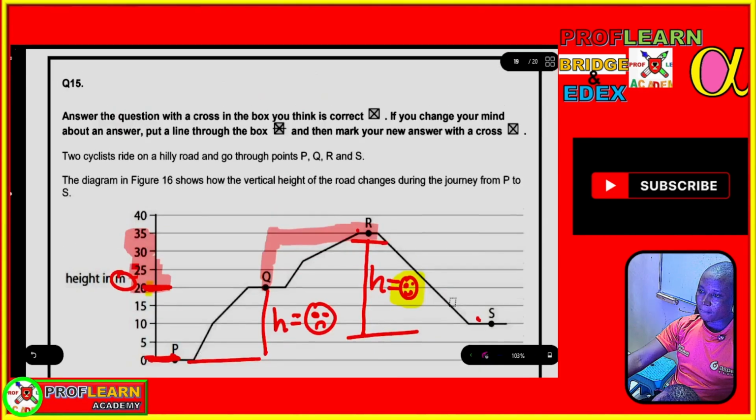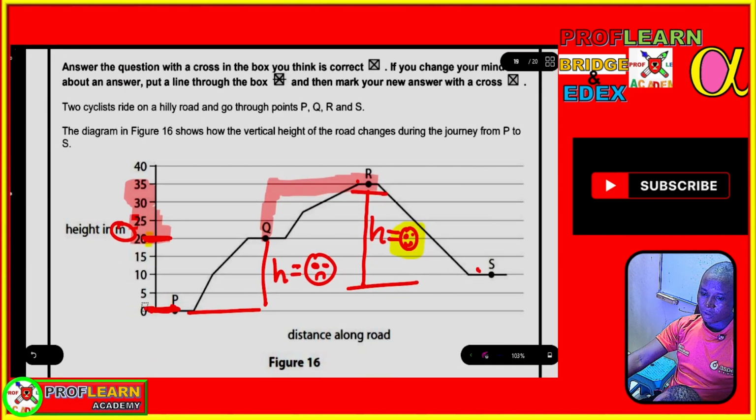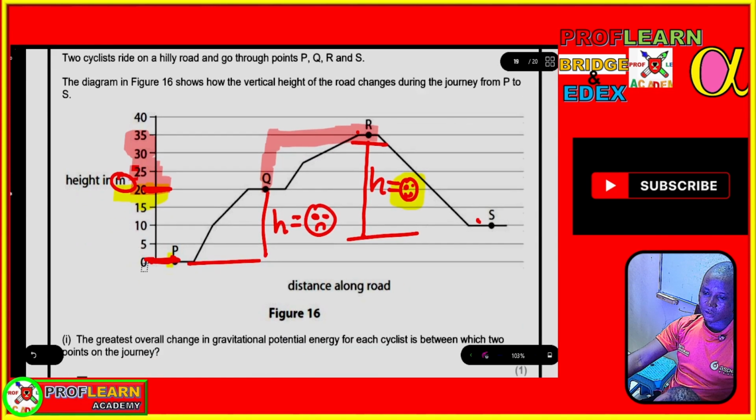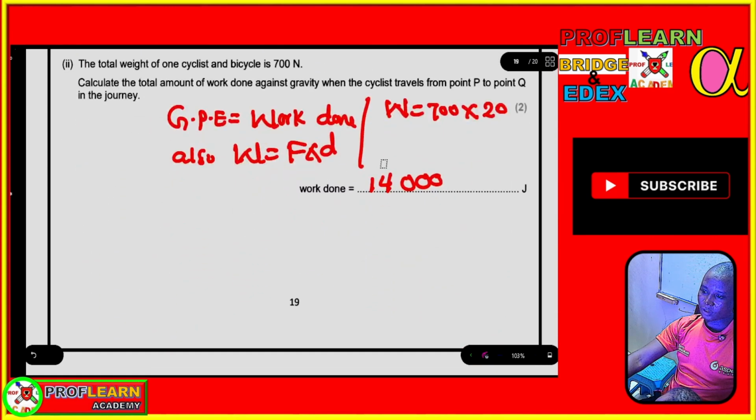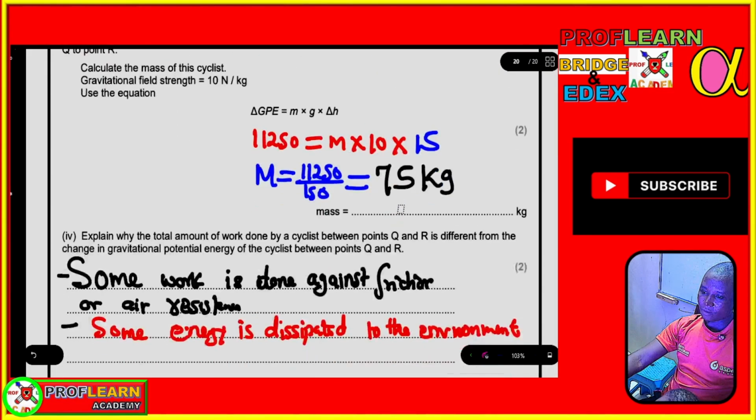P to Q. From P to Q. So you can see here is 20. So this height, distance is 20 and the force is 700. So the work done is 20 times 700. That's going to be equivalent to 14,000.